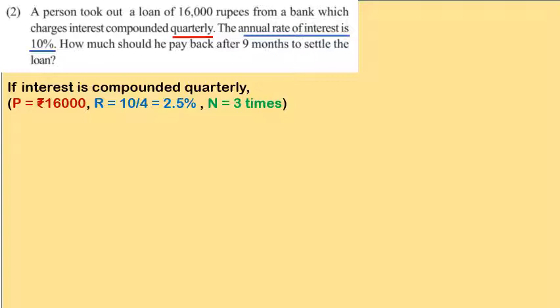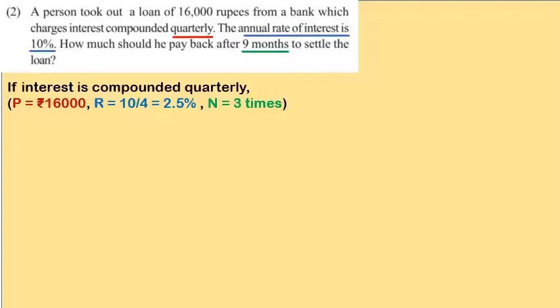And number of periods n equal to 3 times. Why children? A quarter of a year means 12 by 4, that is 3 months. In our question, the amount he pays back after 9 months to settle the loan. So 9 months means 3 quarters. Here 2.5% interest is added 3 times. So number of periods n equal to 3 times.